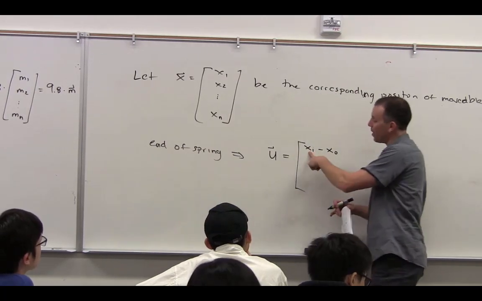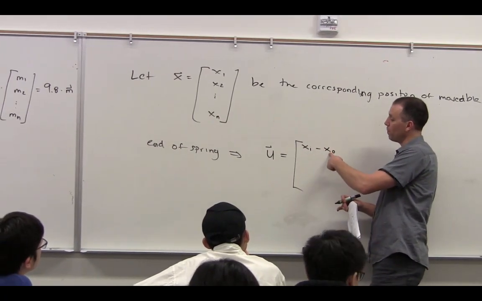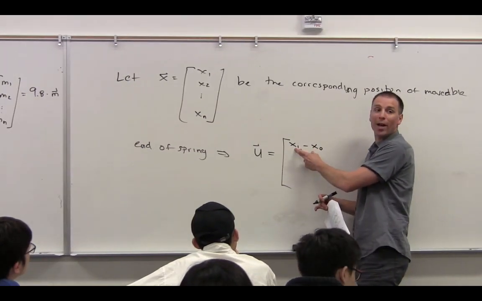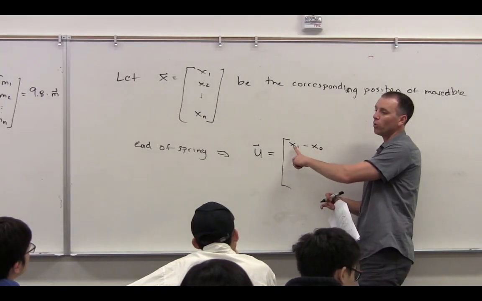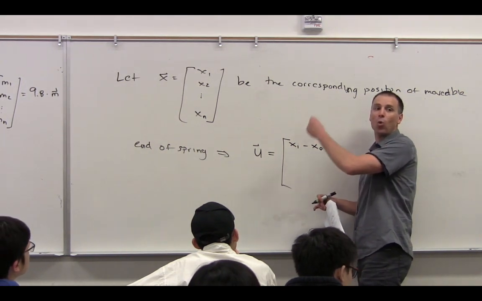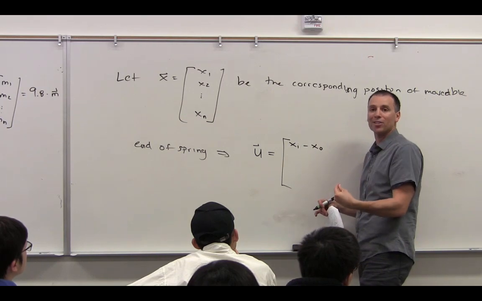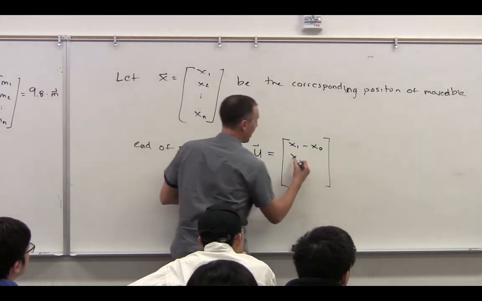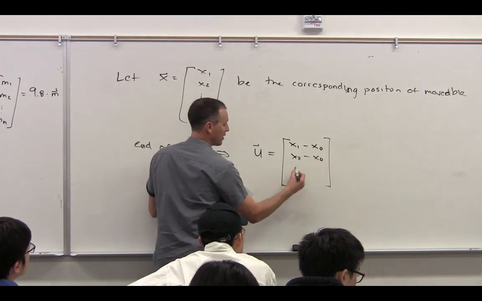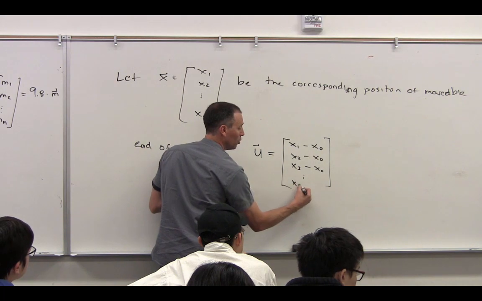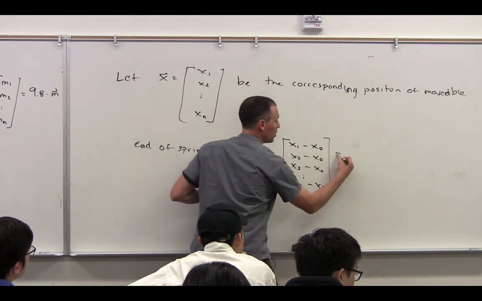If my first data position is the scenario where no mass was attached, this would be 0, right? But this is sufficiently general to allow that my first data collection doesn't have to be the case where I measure the end of the spring with no mass on it. What's the next one? x2 minus x0. The next one would be x3 minus x0, all the way down.